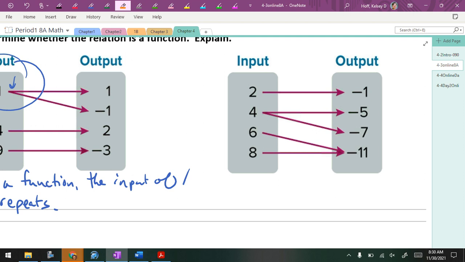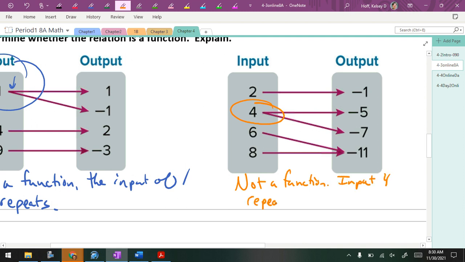Liana, why not? The 4 repeats. Not a function. Input 4 repeats. Liana, how did you know that 4 repeated? Because it has like 2 arrows going. Perfect. There's 2 arrows coming out of here. If there was only 1 on all of them, totally fine. You only have to worry about your X's or your inputs.